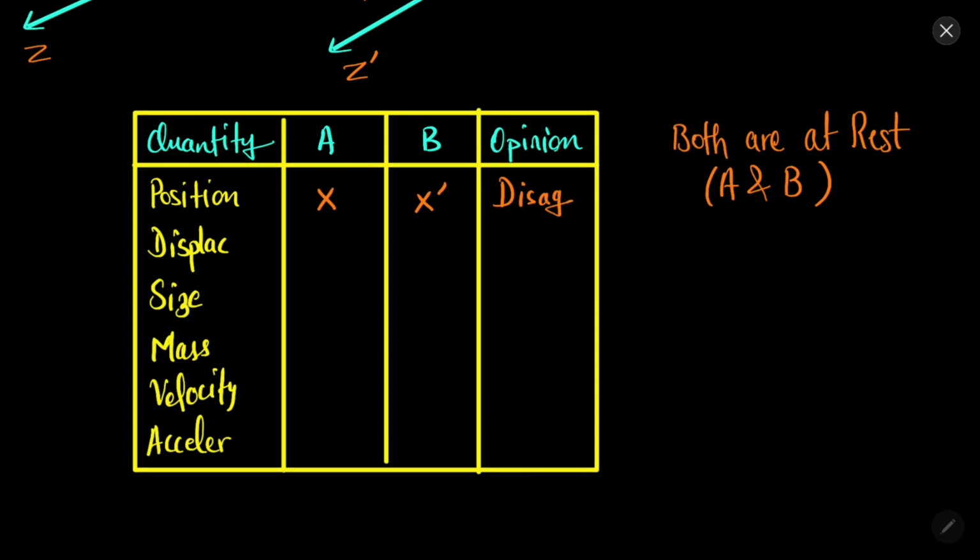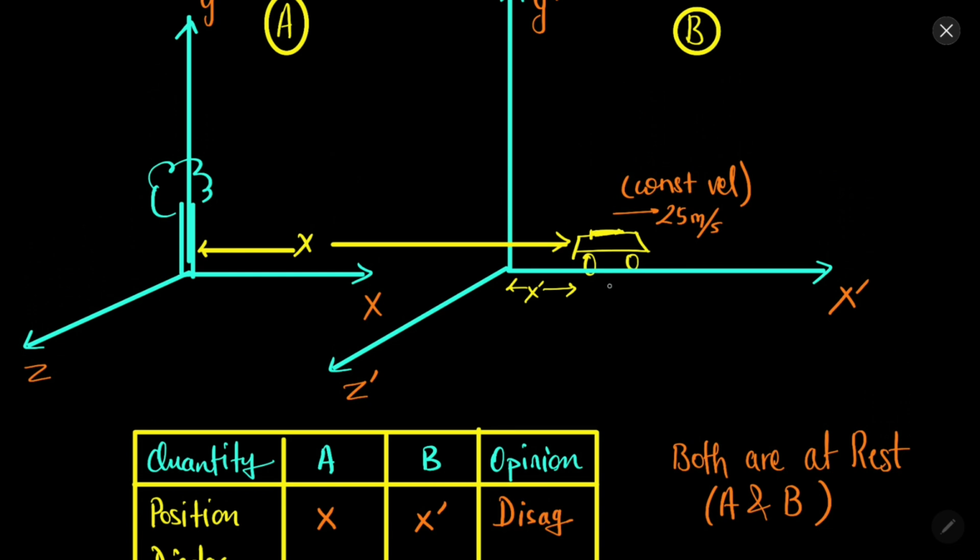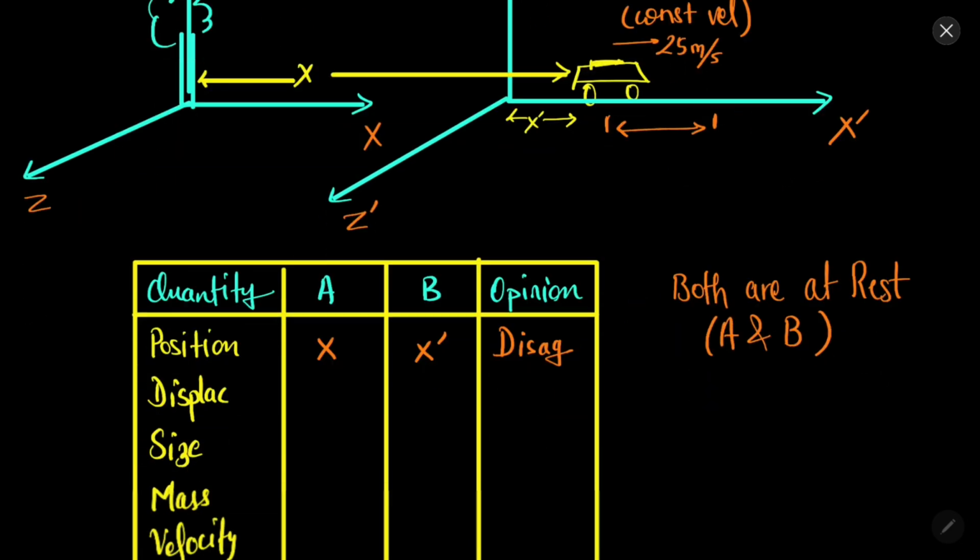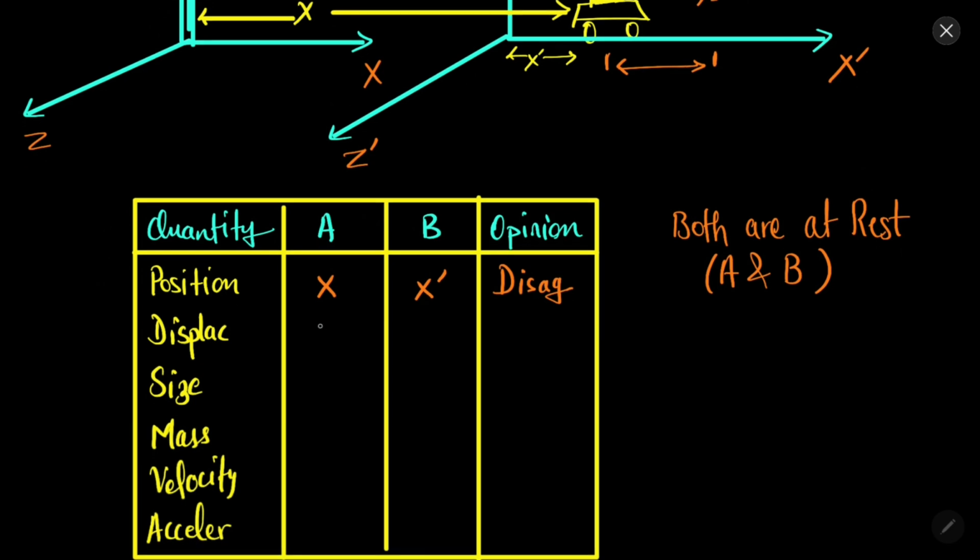Then displacement. When the car moves from here to here, the displacement will be the same for both situations, because in displacement we are discussing the initial point and the final point. Final point minus initial point will be the same for both frames.